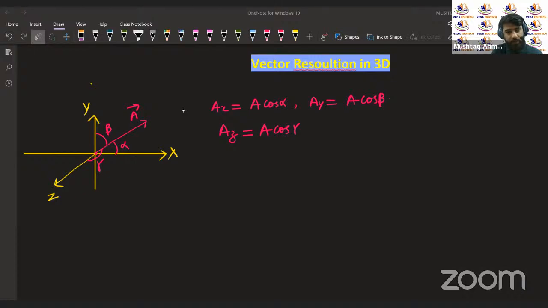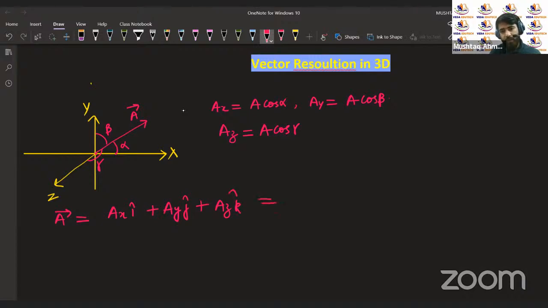So we can write this vector in 3 dimensions as ax i cap, this is the component along x, and the component along y will be ay j cap, and the component along z will be az k cap.